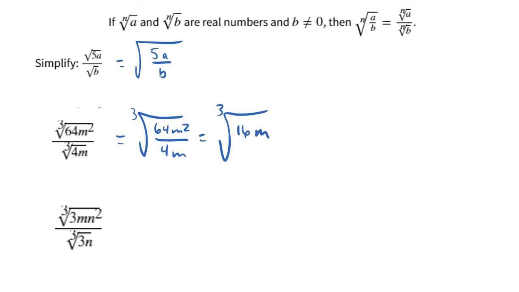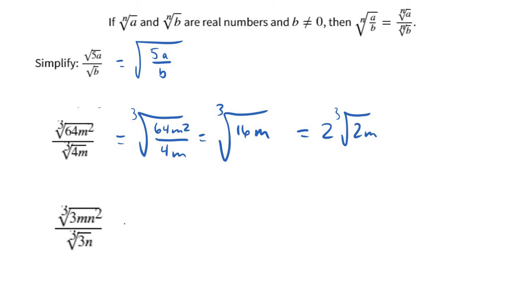So cube root of 16m. And then we could simplify that just a little bit, because 16 is 8 times 2, and 8 has a cube root. So I could write that as 2 cube root of 2m. Again, if the 2 is inside, 2 cubed would be an 8. 8 times 2 is 16. So I think we could simplify it like that.